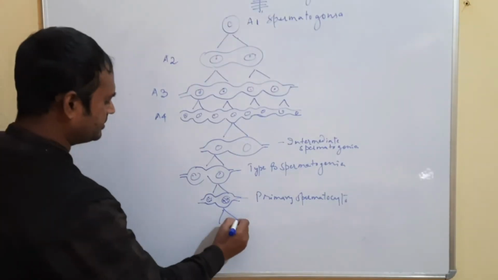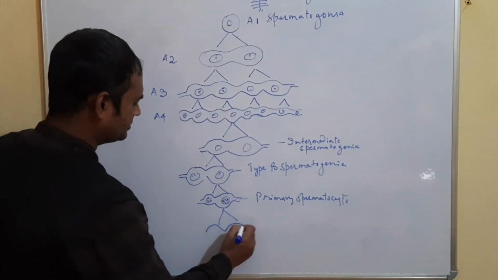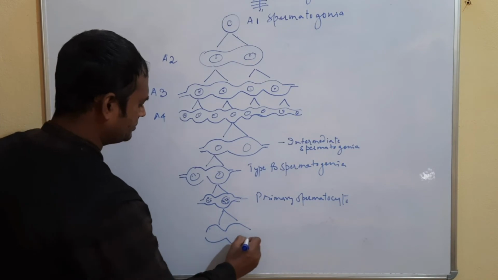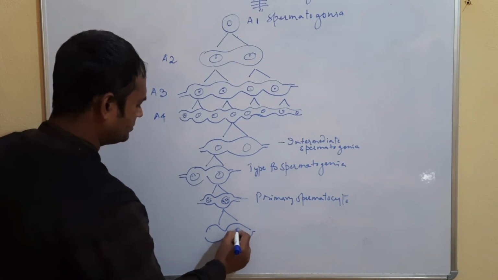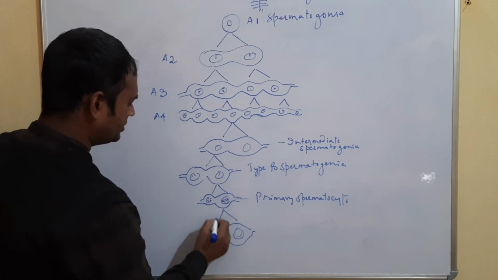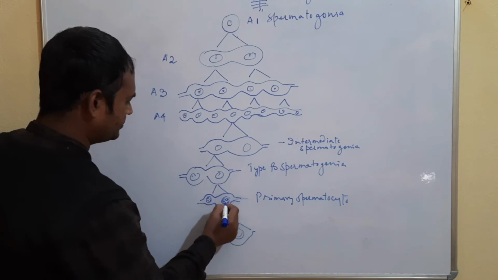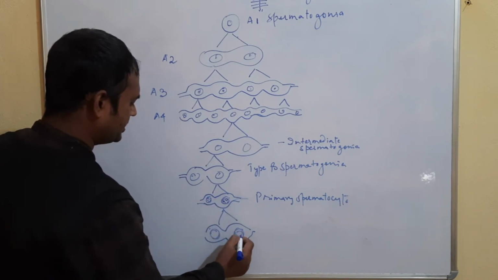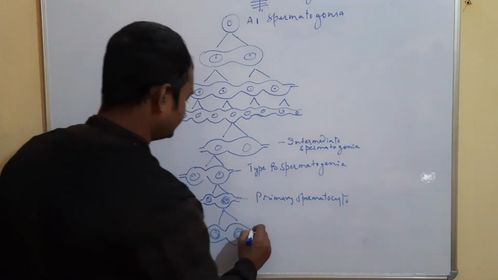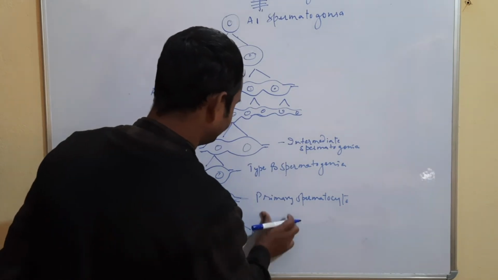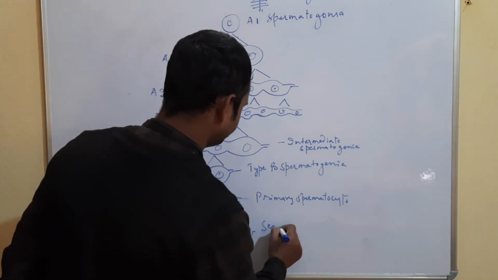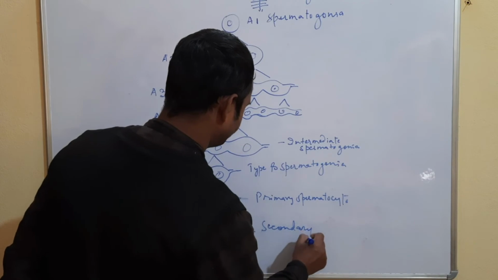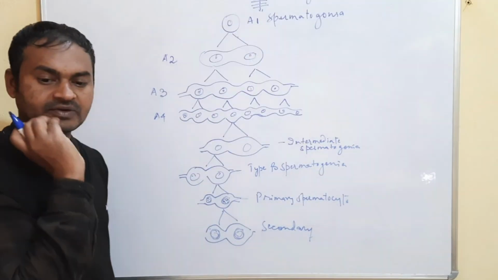And this primary spermatocyte, let us see, here is the condensed form of the genetic material, and this is compact one, and this is called the secondary one.